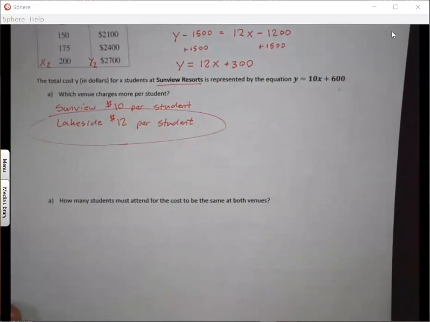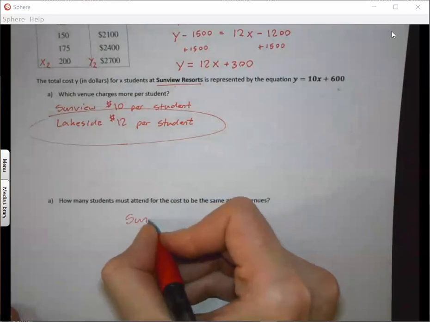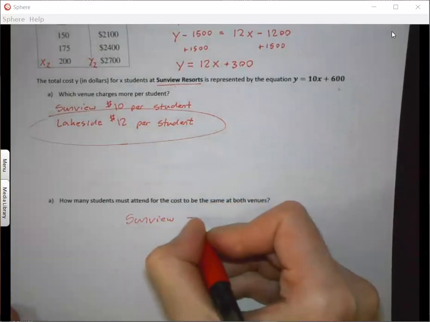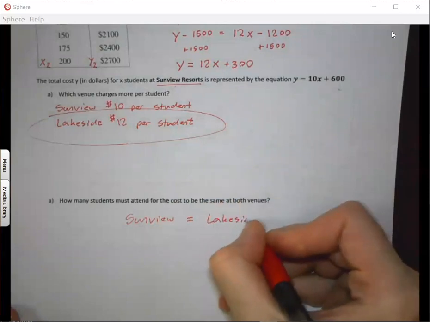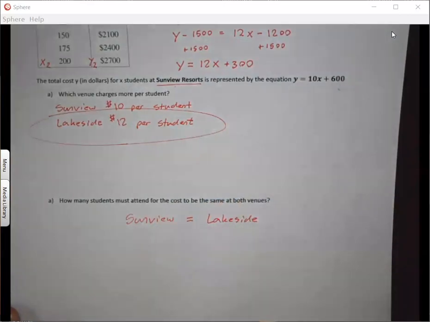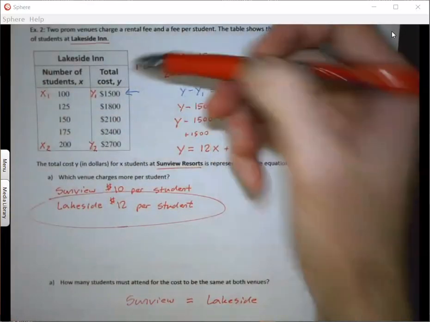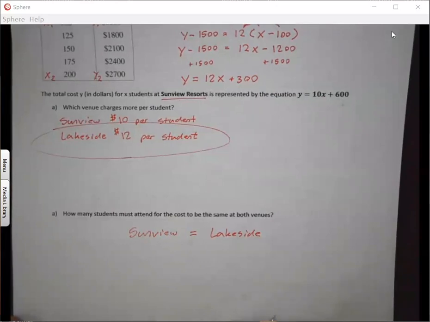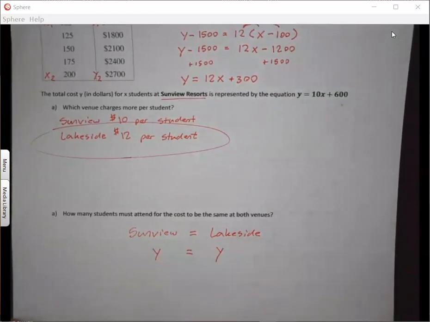How many students must attend for the cost to be the same at both venues? Well, we think of it this way. We want to know when the cost for Sunview is the same or equal to the cost for Lakeside. The total cost is represented by Y. So we can say when is total cost for Sunview equal to the total cost for Lakeside.